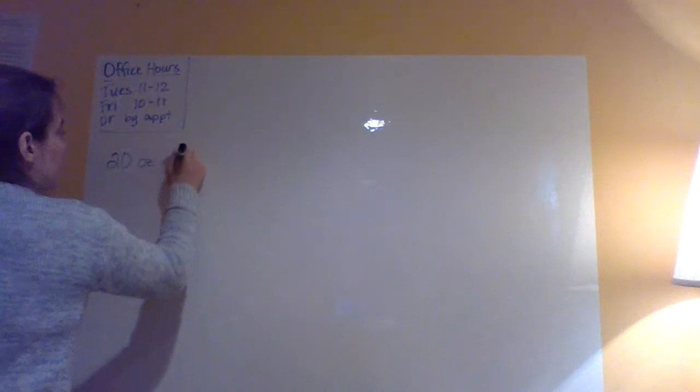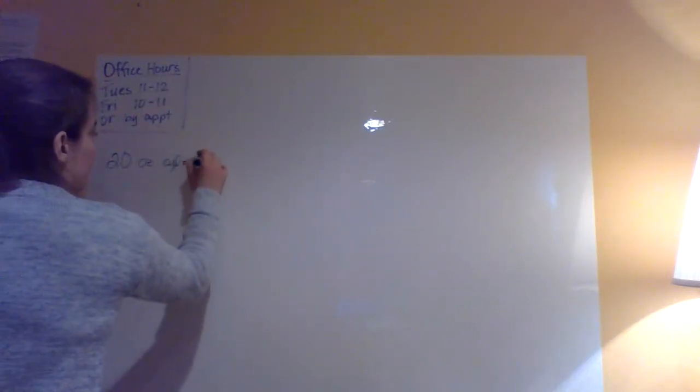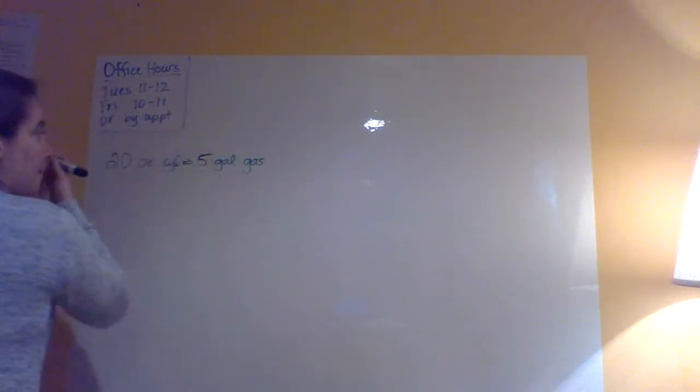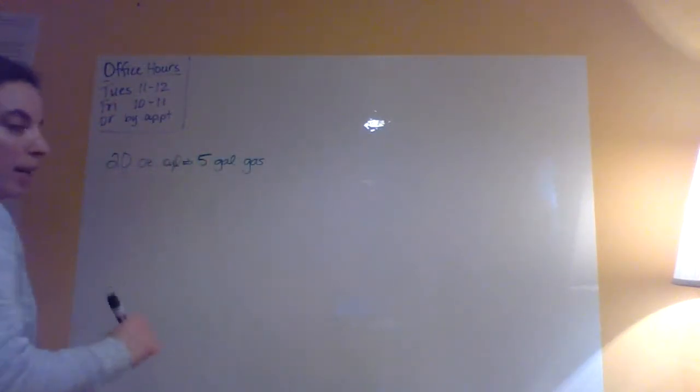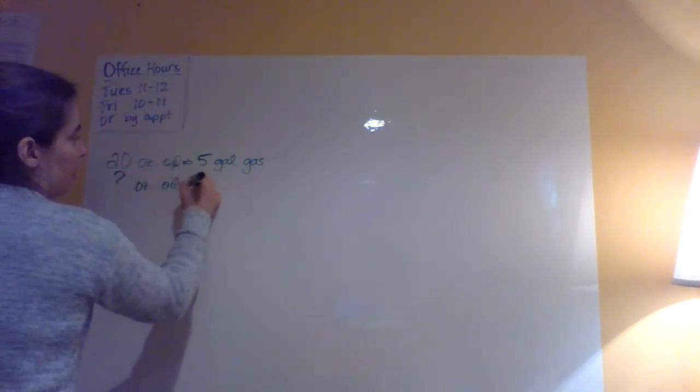OZ is the abbreviation for ounces. 20 ounces of oil when it has 5 gallons of gas. We want to know how many ounces of oil, how much oil, so we'll do ounces also because that makes sense, right? Would I need for 8 gallons of gas?